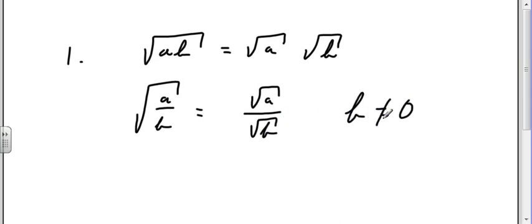So as long as B isn't 0, then I can do that. But if B is 0, then I can't do that. And those same rules are done again on page 287 for third roots, and then on page 289 again for nth roots. All right, so we'll look at problem number 1.